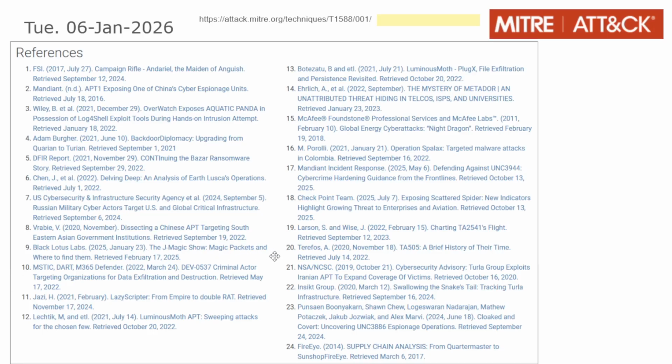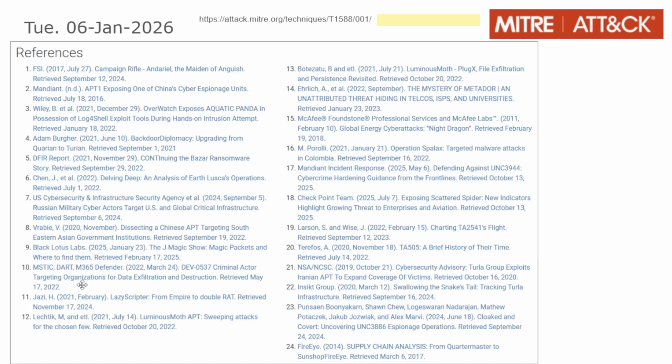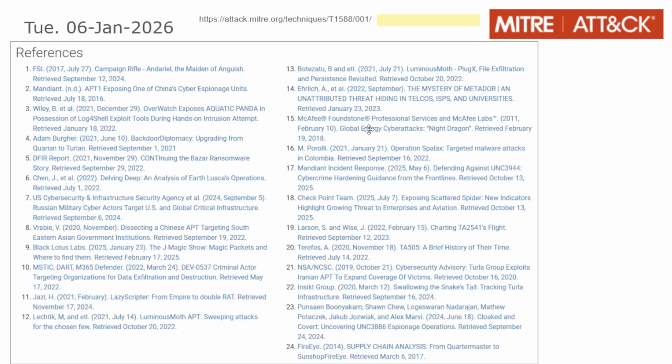Black Lotus Labs, packets, where to find them. Mystic, Dart, Defender, no. Sweep-in attacks, no. Exfiltration, Metador. McAfee has something here from 2018.